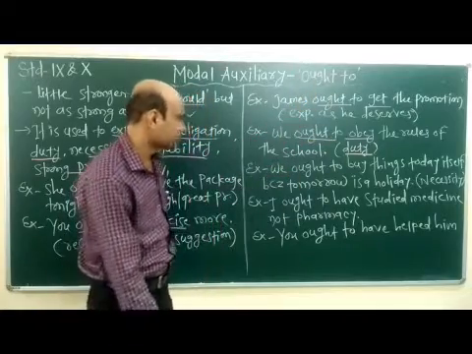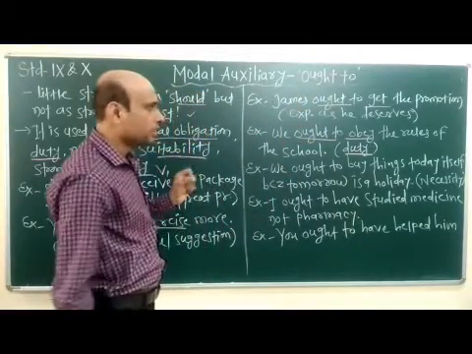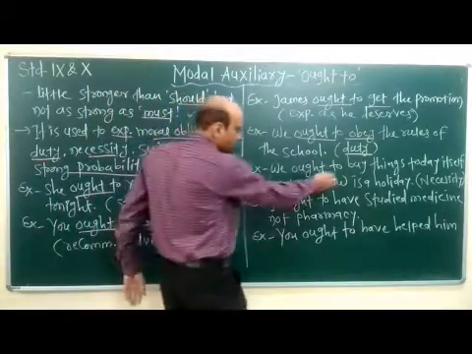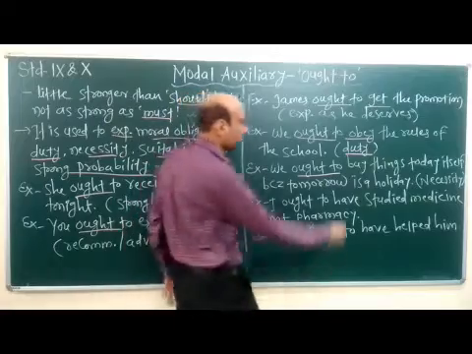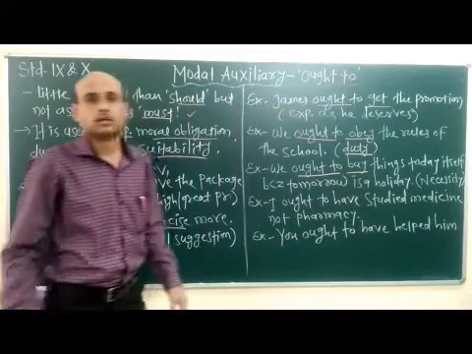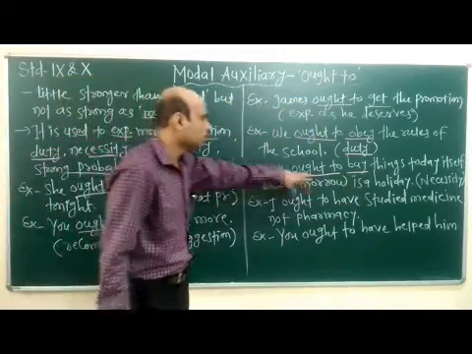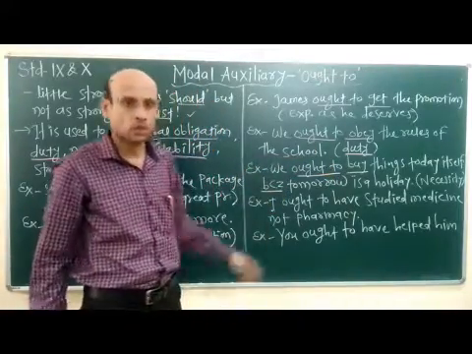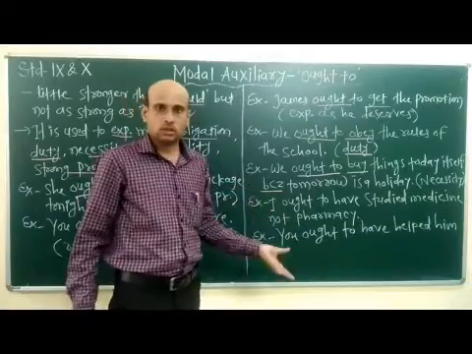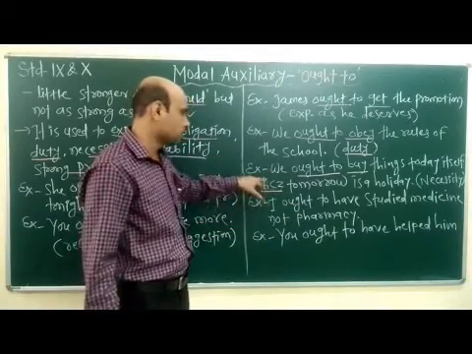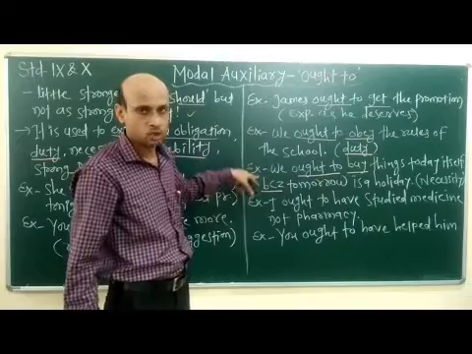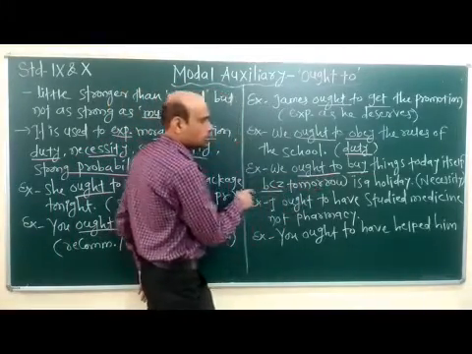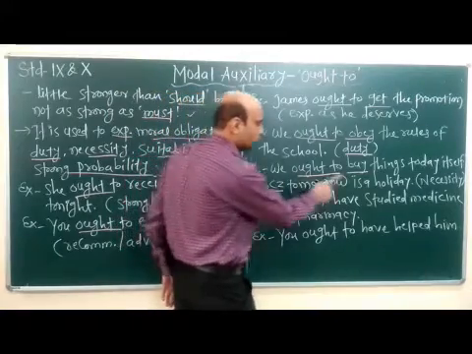Ought to. Next, we ought to buy things today itself because tomorrow is a holiday. We ought to plus buy, the base form, the present form of the main verb. We ought to buy things today itself because, I wrote here in brief, in short, instead of the complete spelling, B-E-C-A-U-S-E, an abbreviation.